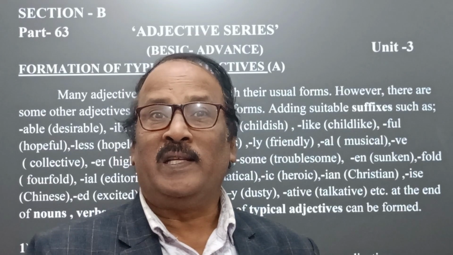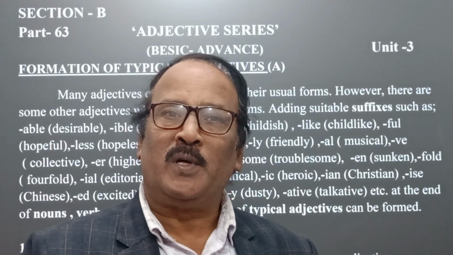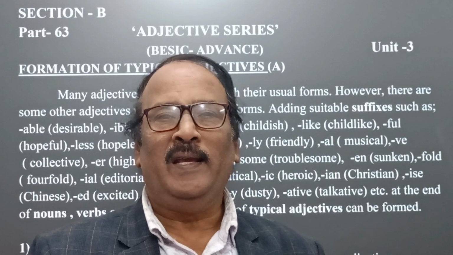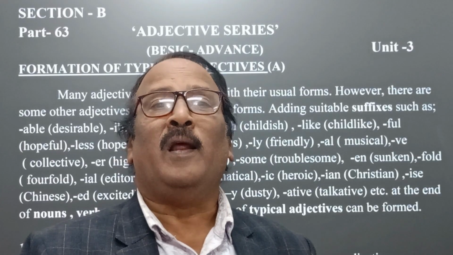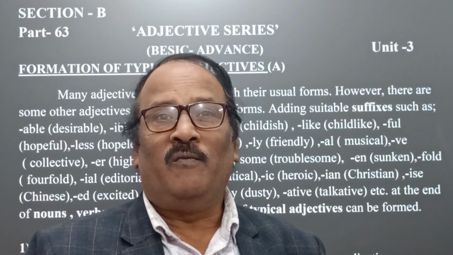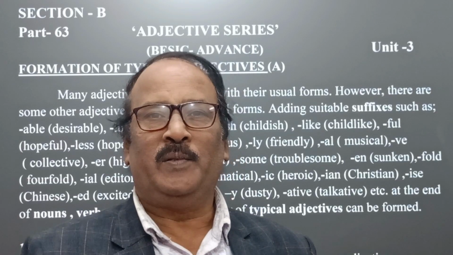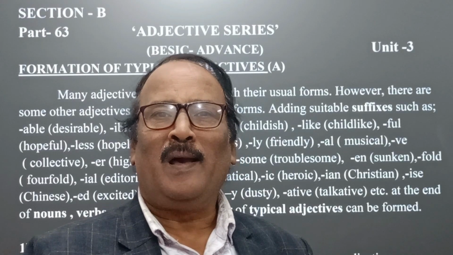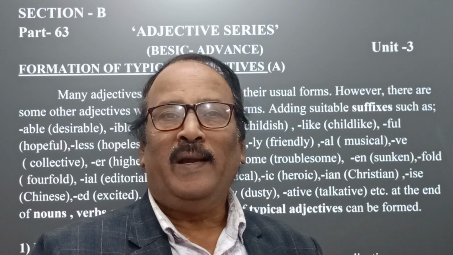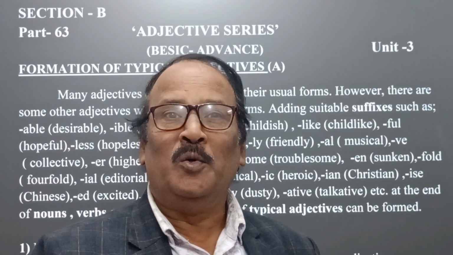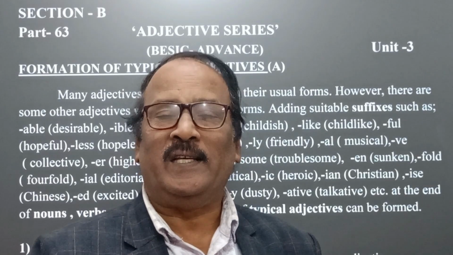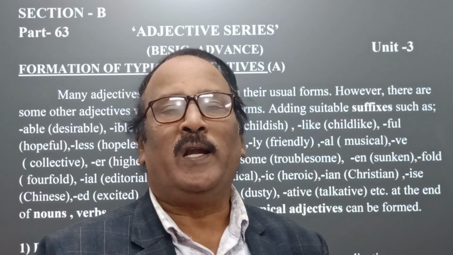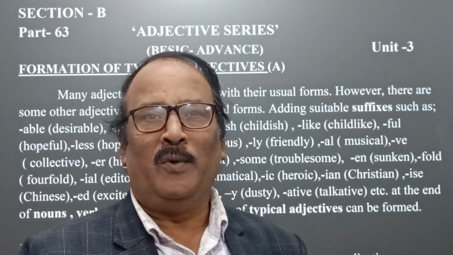In the previous two units of the adjective series, we have discussed very clearly the definition of adjectives and 12 various types of adjectives, as adjective is a decorative or ornamental part of speech. It is frequently used in our noun phrases in order to decorate or ornament the language.